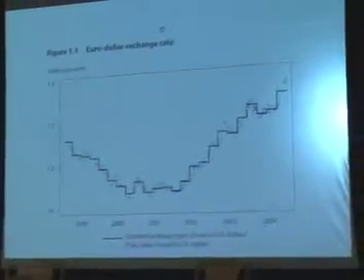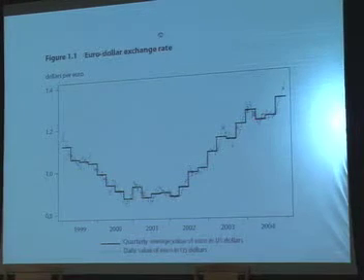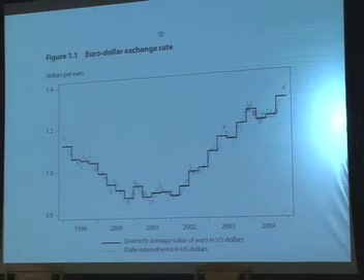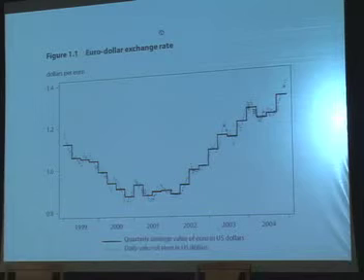The dotted line is the daily value of the euro in terms of the dollar, and the solid lines are the average of those daily values in each quarter over this period. Now, short-run volatility is really the ups and downs of the dotted line against the solid line. That's not the focus of the book, and that's not the kind of volatility I'm going to be focused on. I'm focused more on the big swings in the exchange rate.